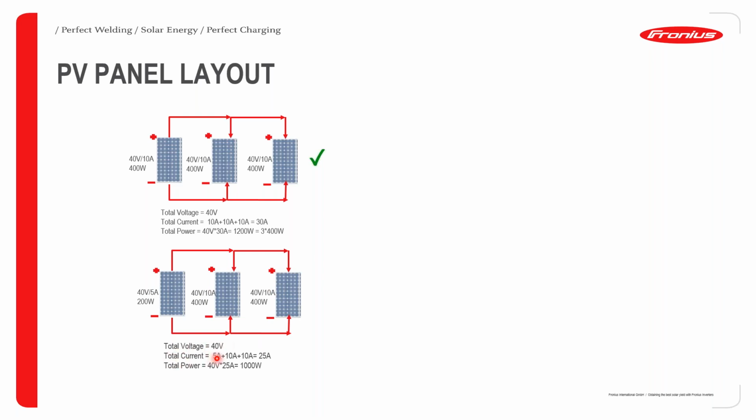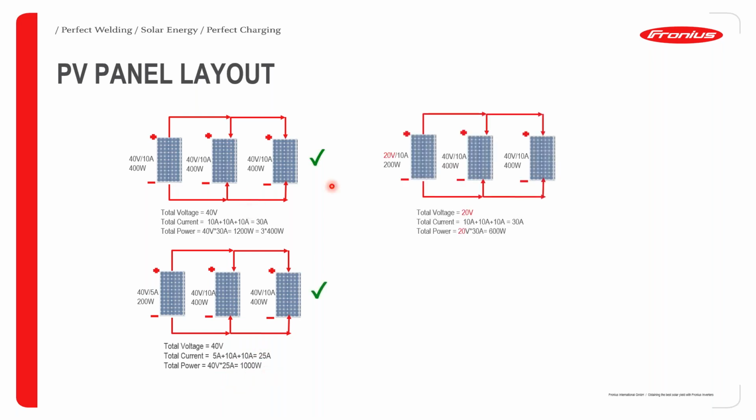Then the total current is now going to be the summation of all the branch currents. That is 5 plus 10 plus 10. That gives us 25 amps. So total power is now going to be 40 volts times 25, which gives us 1000 watts. So which is fine.